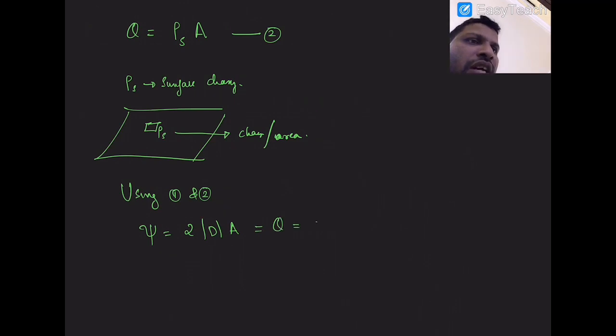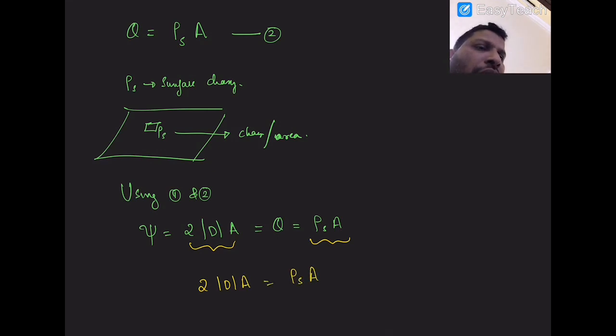What is charge? Charge is rho s into A. So 2 into magnitude of D into A is equal to rho s into A. You can see here A will cancel, so the magnitude of D is equal to rho s by 2.